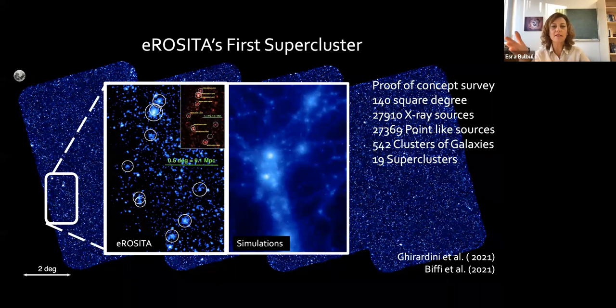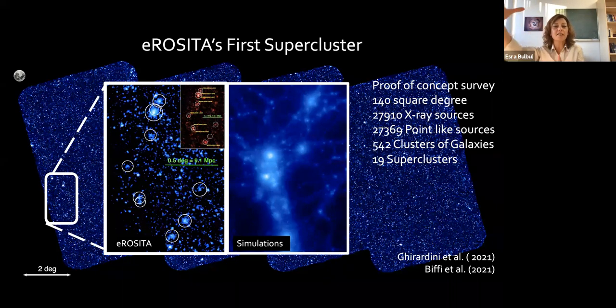We realized this when we were looking at eFEDS observations. We saw that at the very edge of the survey, these 8 galaxy clusters were connected to each other. So we immediately looked at Hyper Suprime-Cam observations. As a matter of fact, yes, they are at the same redshift. So they are part of the same filamentary structure, and they are collapsing on themselves.